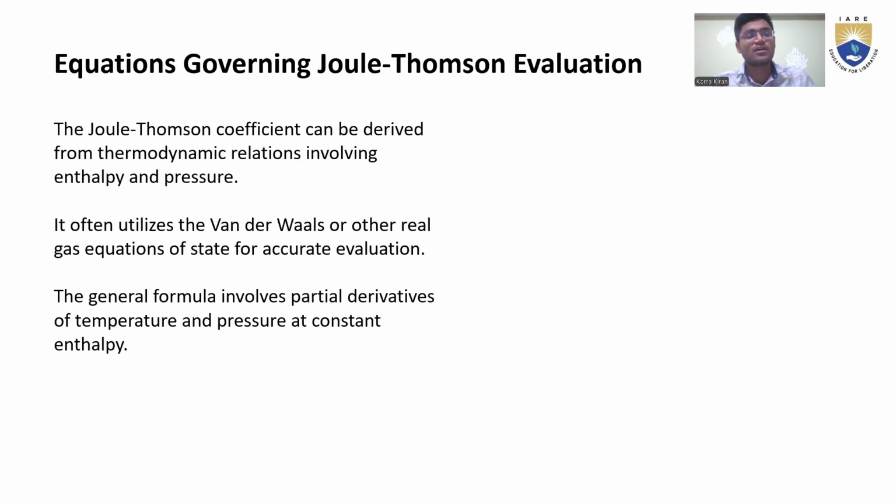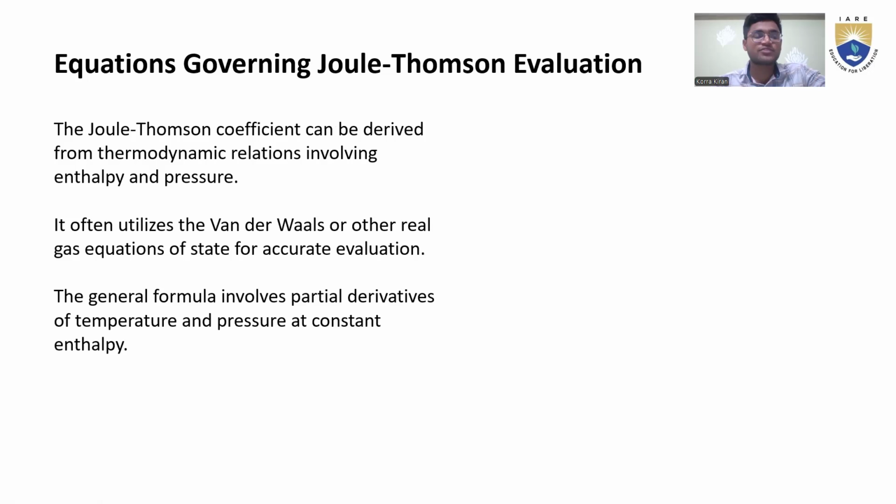The equation governing the Joule-Thomson effect is nothing but a relation between enthalpy and pressure. That was the main thing. This coefficient can be derived by the thermodynamic relation involving enthalpy and pressure. In this equation we are using the van der Waals equation for getting the Joule-Thomson evaluation.